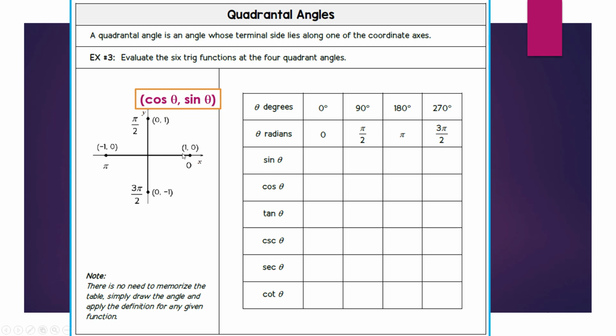But when I go out on this axis, my coordinates are 1 and 0. So what that means is cosine of 0 is going to be 0. Okay, and this is not degrees, it's just 0, no units, a real number. Okay, I'm sorry, cosine of 0 is 1.